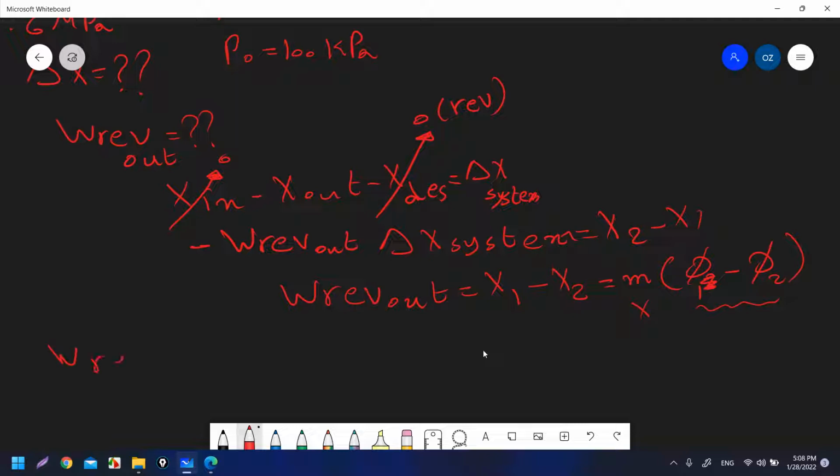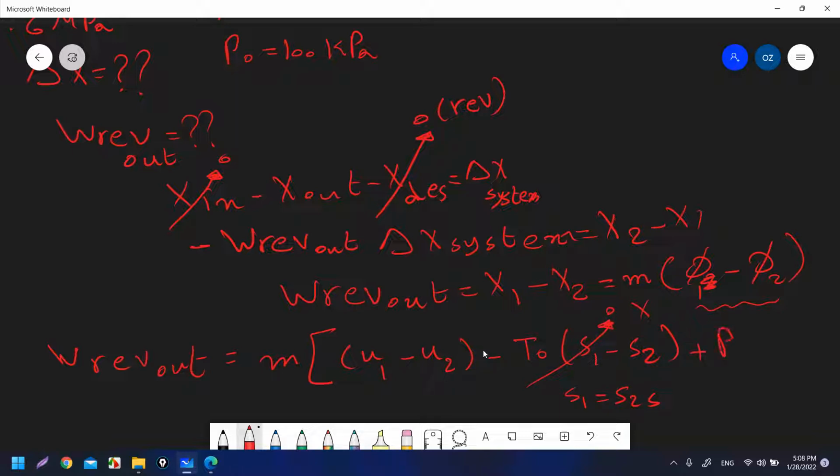The work reversible out equals m times u1 minus u2, minus T0 times s1 minus s2, and we said that s1 equals s2s, so this term will be cancelled, plus P0 times v1 minus v2.